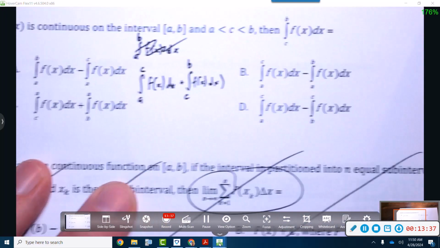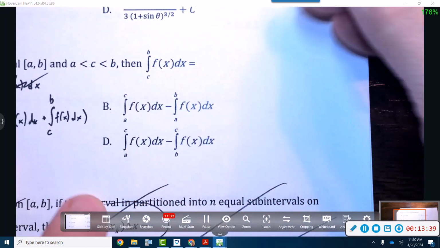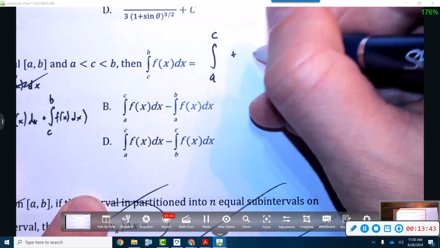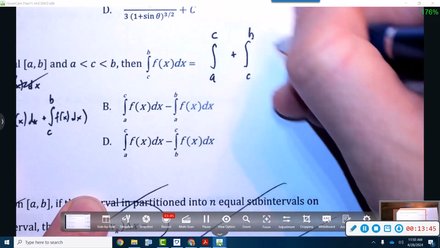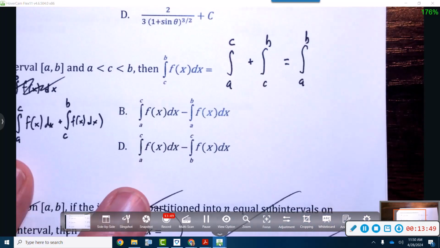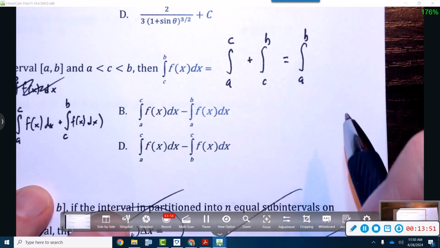I needed more space, so I'm going to abbreviate this: a to c plus c to b equals a to b. Is that okay? All right, so I'm just going to trim the fat there.